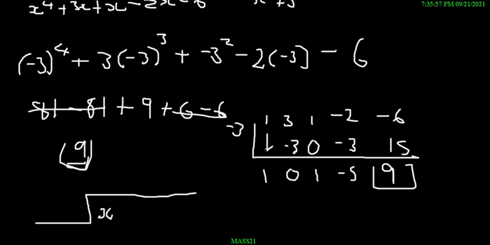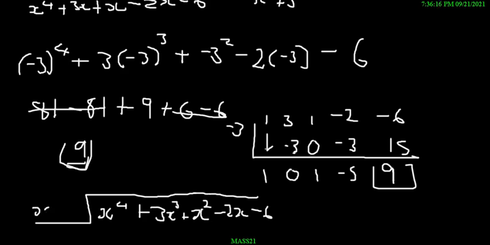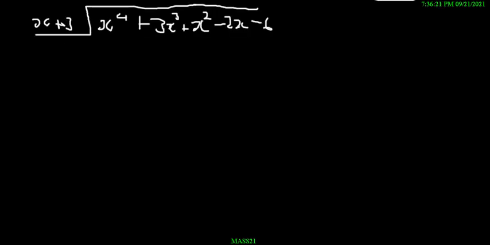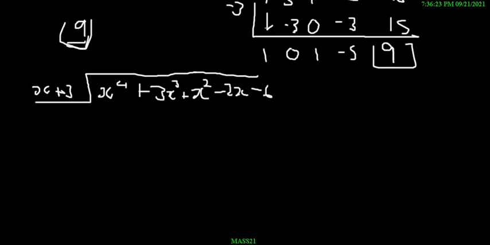So x to the power 4 plus 3x to the power 3 plus x squared minus 2x minus 6, divided by x plus 3. x into x to the power 4 is x to the power 3.